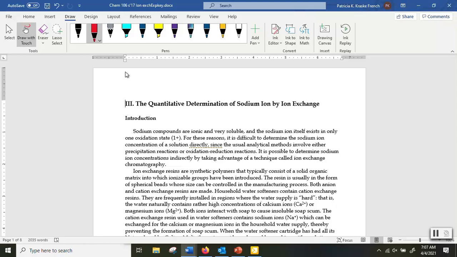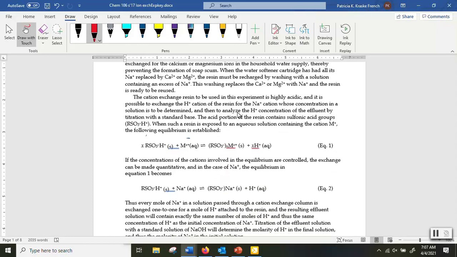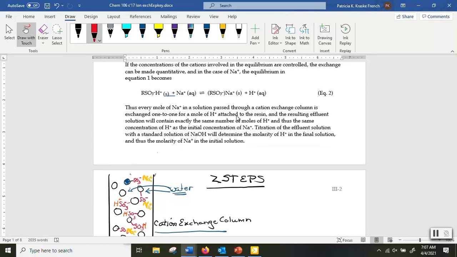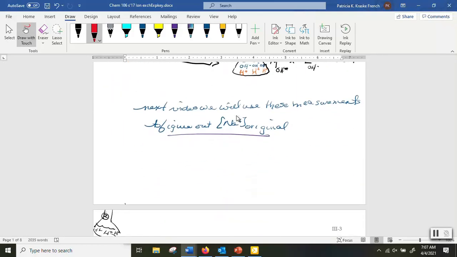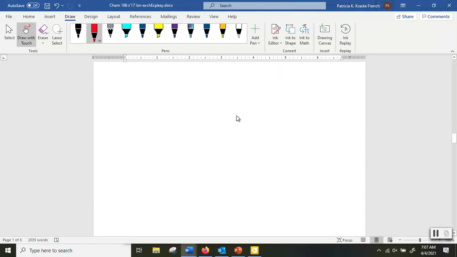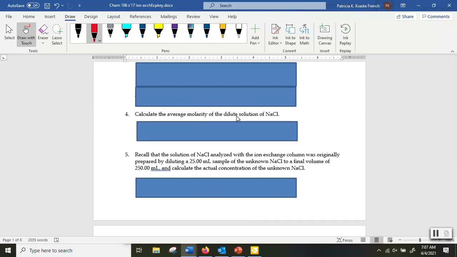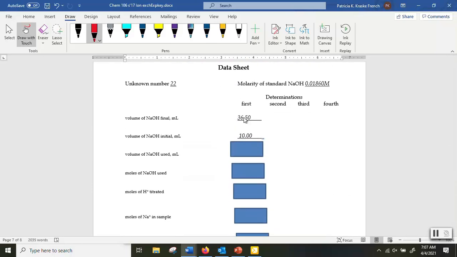Welcome back. We're going to process the data that we found from our sodium ion by ion exchange lab. Let's take a look first at the data sheet, because you didn't fill in very much, did you? There's the stuff we did last time. When we take a look at our data sheet, there are pretty much only two things you filled in.